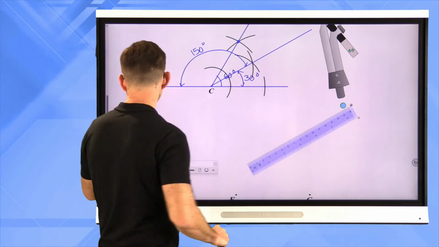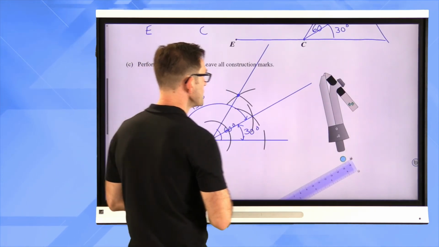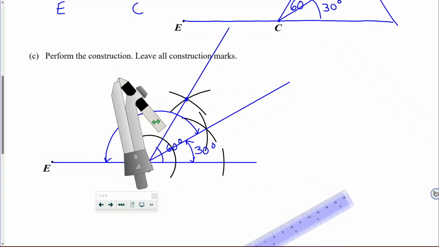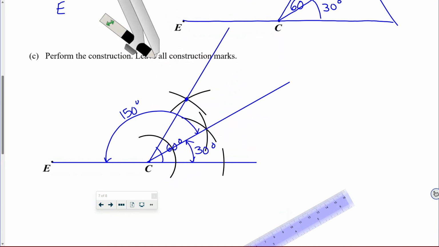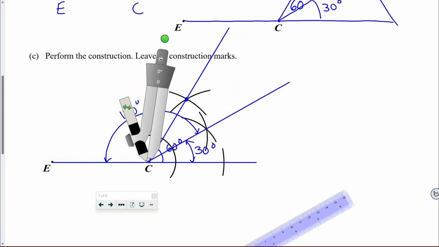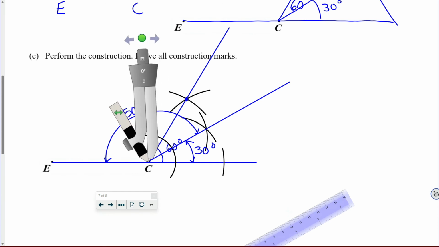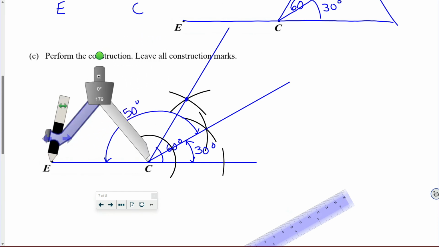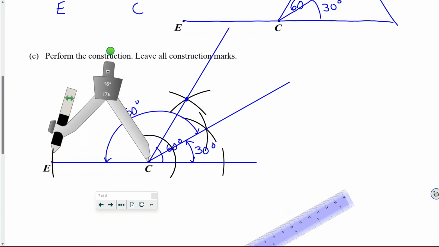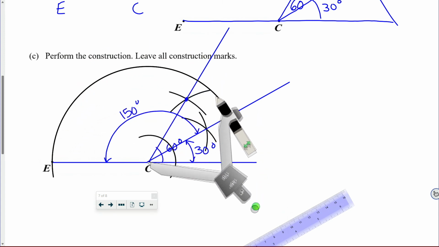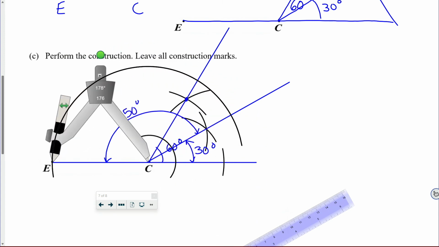So what I'm now going to do is simply use my compass to figure out where it should lie along that ray. So bring my compass down, center it at C, figure out the length from C to E, and maybe I'll just do this, right? And that will locate E prime.